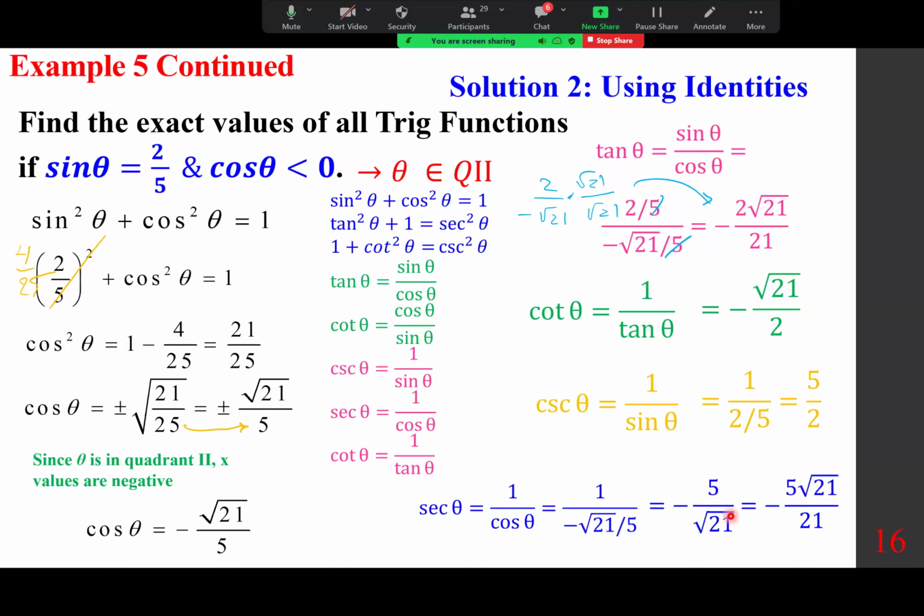Again, this is the answer, and this is rationalization. So it's rationalized in this case. Again, just multiply by square root of 21 over square root of 21, and it gives you that, okay?